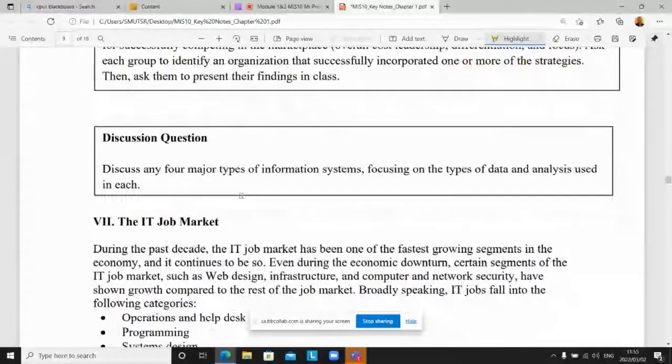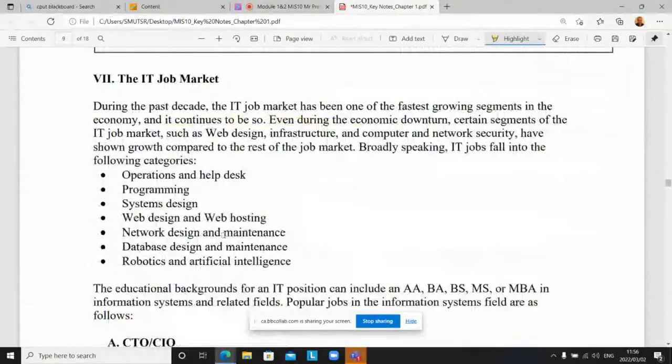Please remember that. Discuss 4 major types of information systems. I think that is relevant. TPS, MIS, HRMS, and so on. The IT job market is not really part of this course. You guys are studying accounting.